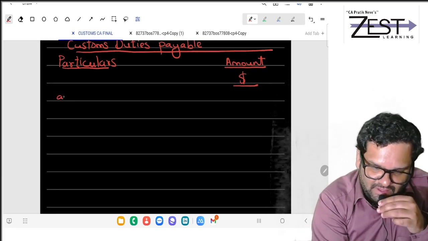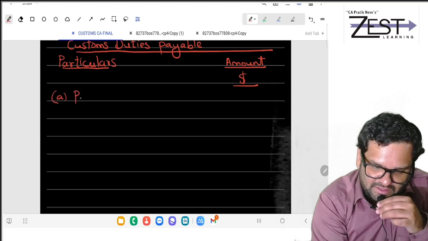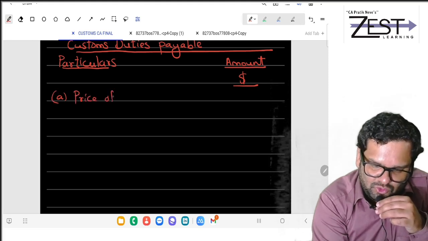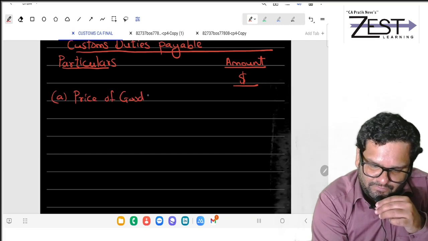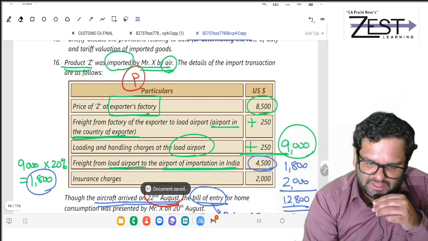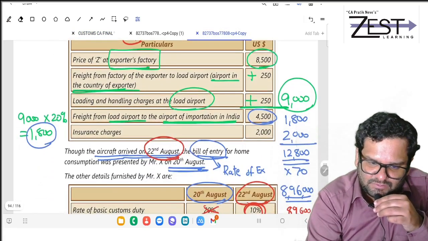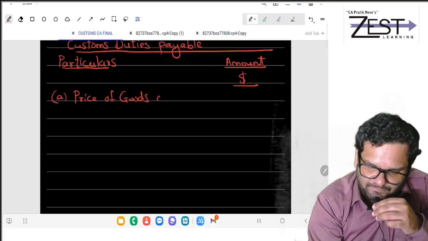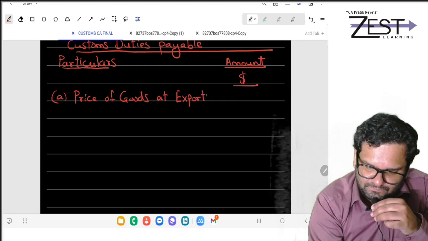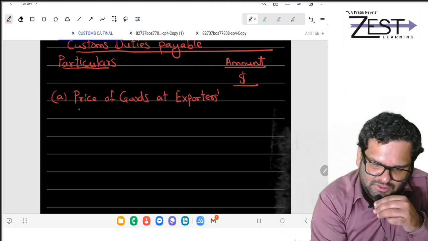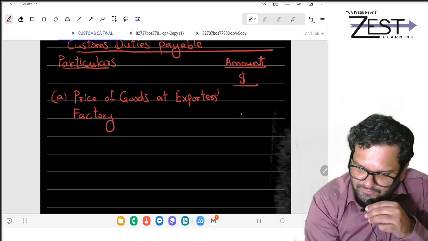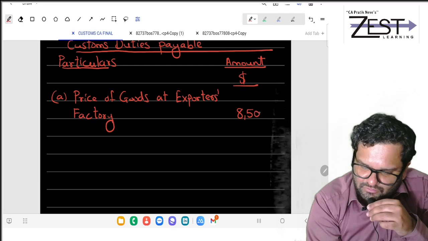Yes. A point. Price of goods. What is given? Price of goods at exporter's factory. So what is the price of goods at exporter's factory? It is 8,500.